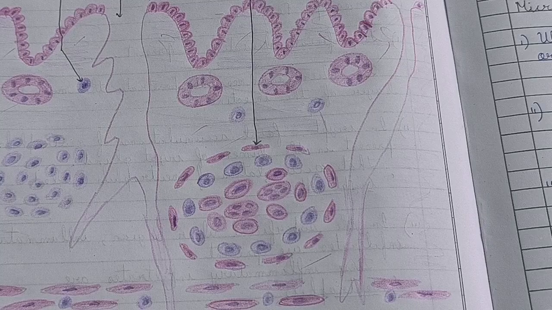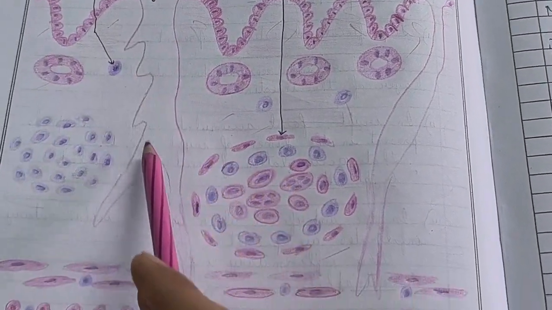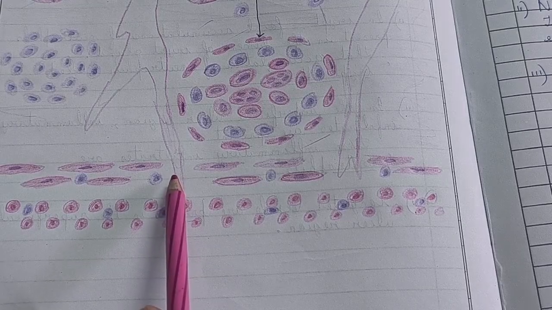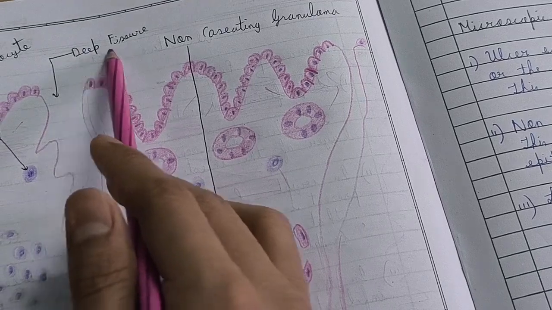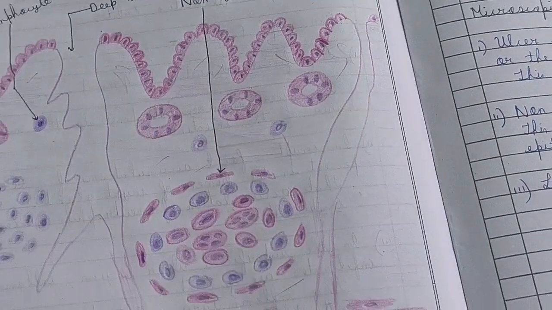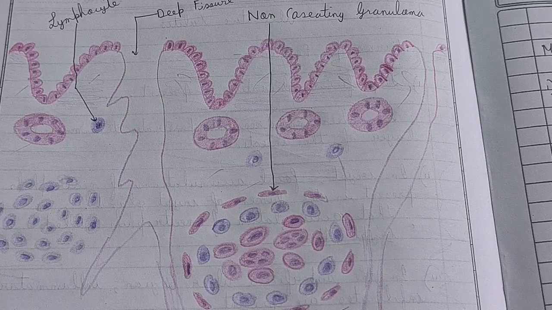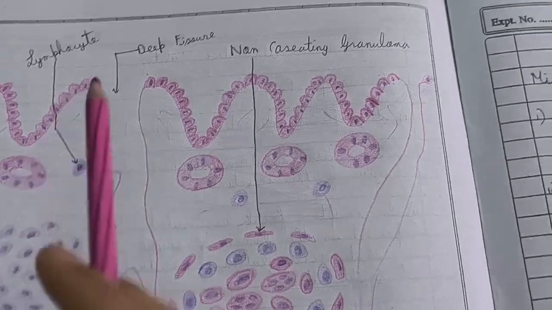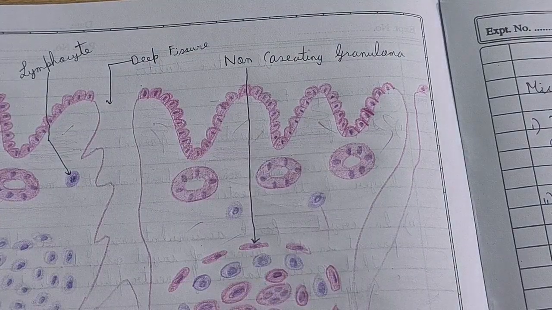Now see that in this case the ulcer extends up to the serosa layer, beyond the muscularis mucosa layer, and this ulcer gets converted into a deep fissure. Since this ulcer extends up to the layer of serosa, it is also known as a deep fissure, or sometimes as transmural.